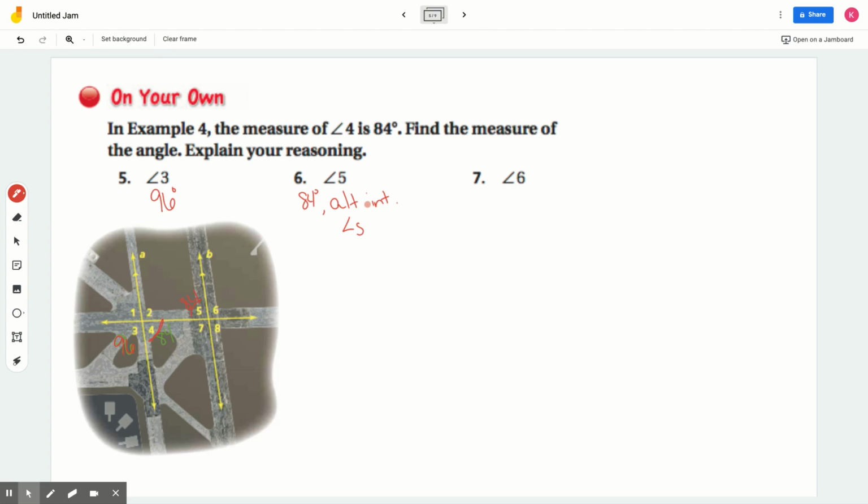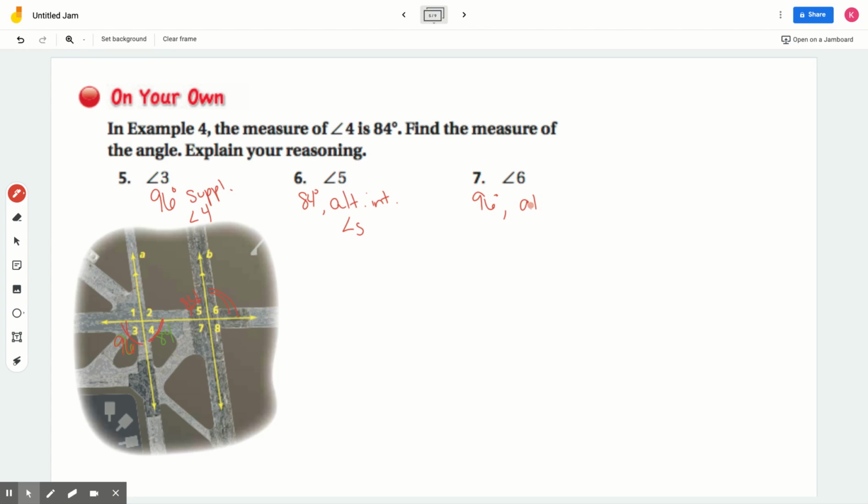So we're going to write alternate interior angles. You can do some abbreviations here: alternate interior, the angle sign, make it plural. Again, 96 degrees because it was supplementary with angle 4. Now, angle 6. We can say that angle 6 is going to be 96 degrees because angle 6 and angle 3 are alternate exterior angles.